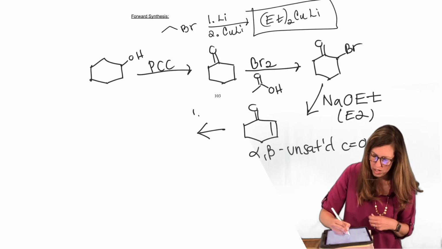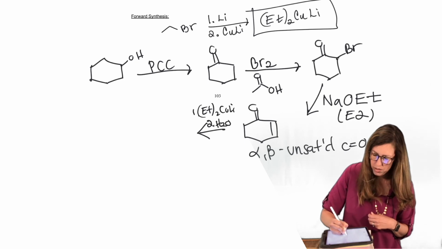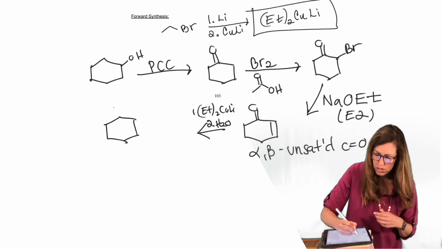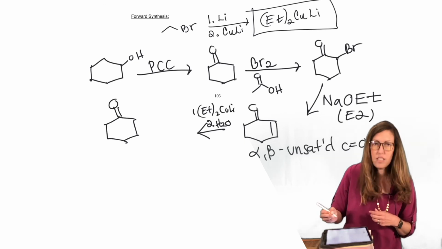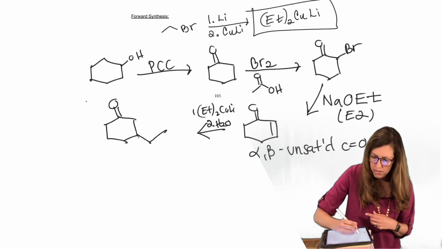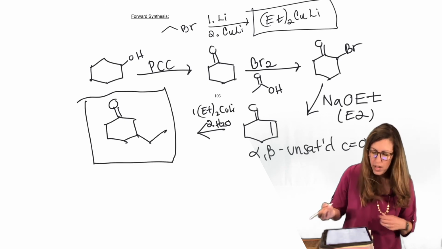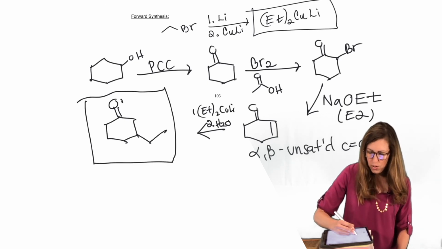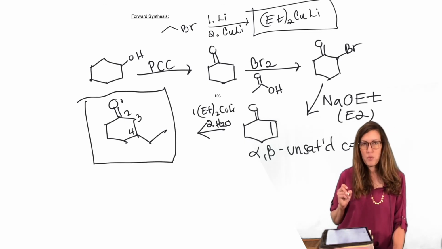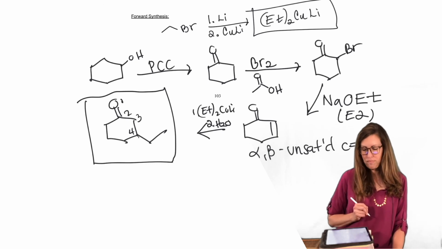So this is 1 Et2CuLi followed by water workup. So remember it's like a Grignard, only the Grignard's more aggressive and attacks the carbonyl carbon. It takes its time and it attacks down there. That's a dead giveaway, it's Gilman. If you're 1, 2, 3, 4 away from the carbonyl oxygen, it's a 1,4 addition, that's a Gilman.